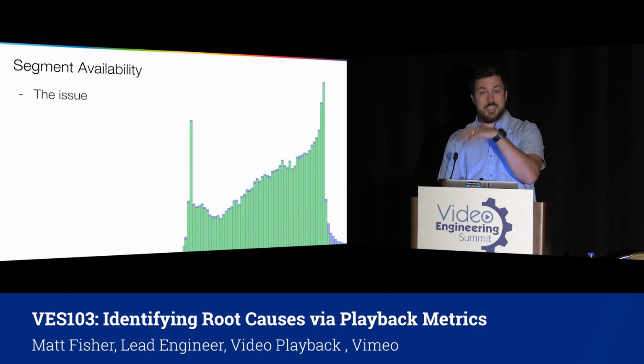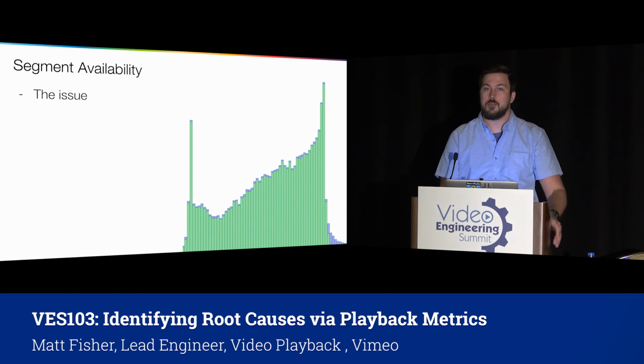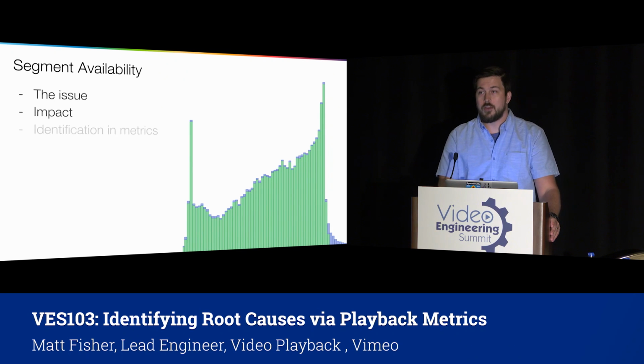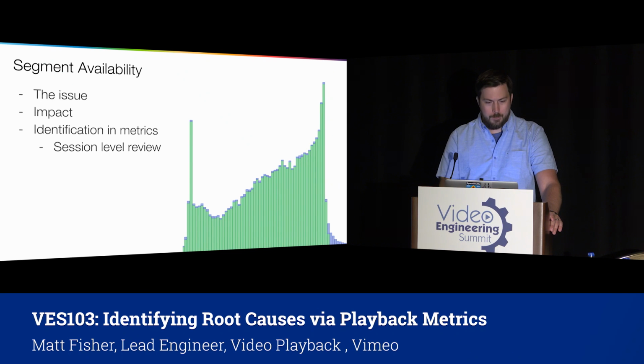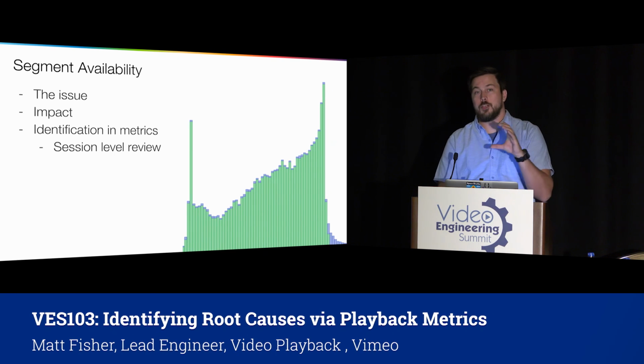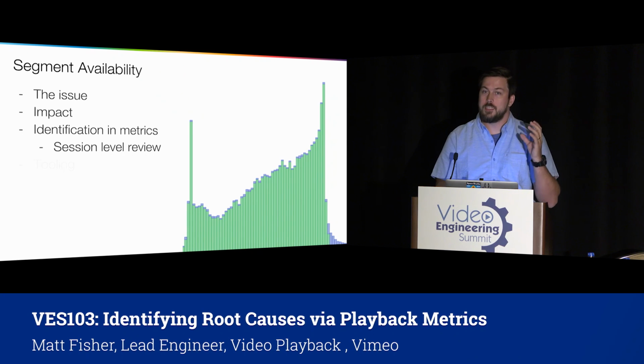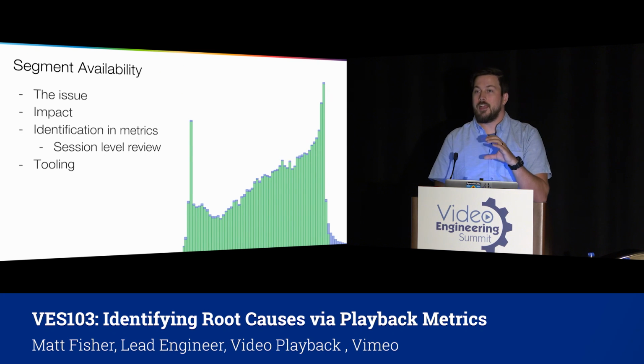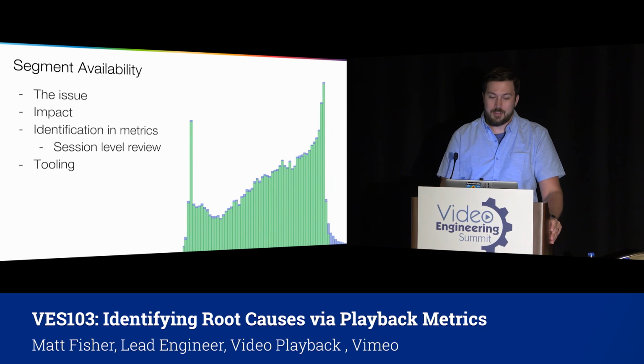So without going down to the session level and having tools around this to quickly identify this, we would have spent a lot of time digging into this and figuring out exactly what the case scenario was, because there was a lot of criteria that led up to how this was impacted. I just wanted to quickly touch on how important it was to look down at the session level there and ignore the high level, but being able to group the high level into two separate groups and then be able to identify similarities between each session in the bad group.